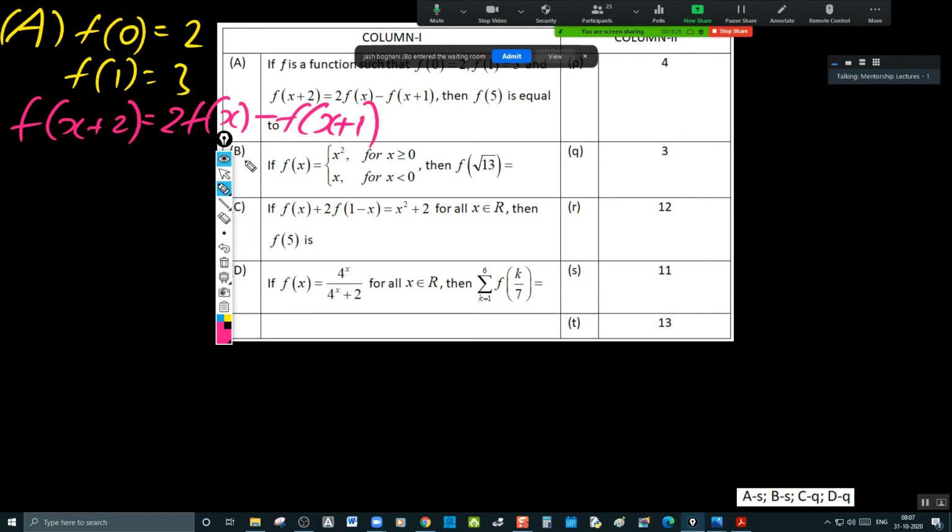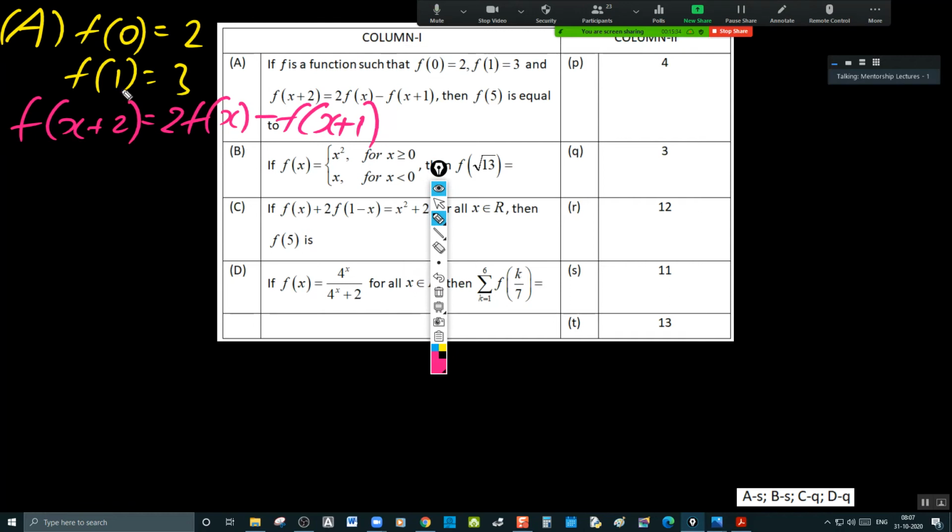In this case, what is to be done? You have to make use of the values given there. 0 and 1 are given, and I want to get the value of f(2). Put x equal to 0. x equal to 0 implies f(2) is equal to 2f(0), that is 2 into 2, minus f(1), minus 3, which is nothing but 1.